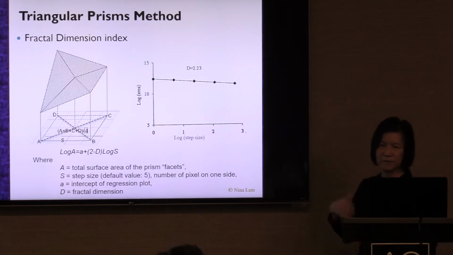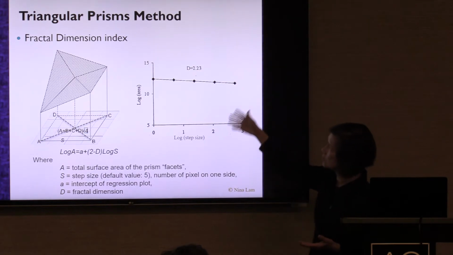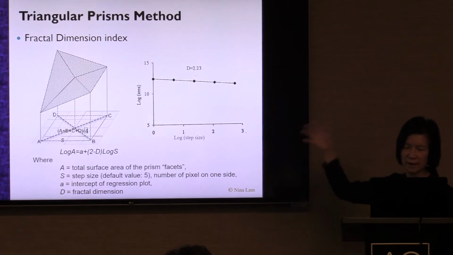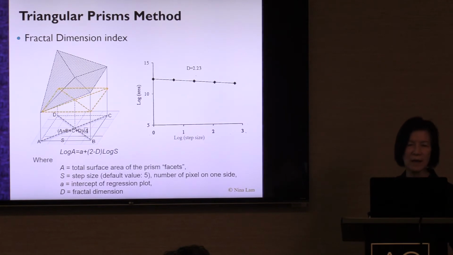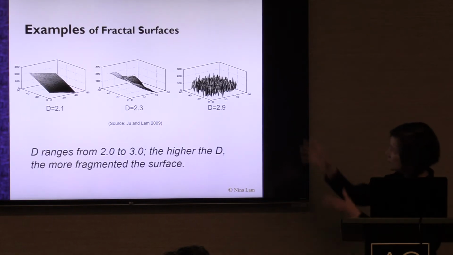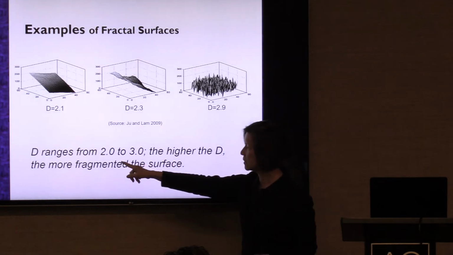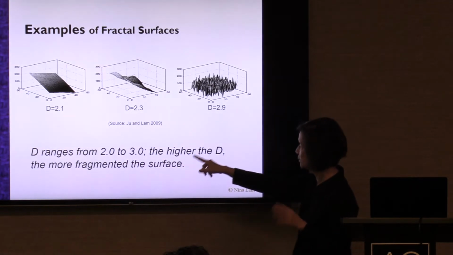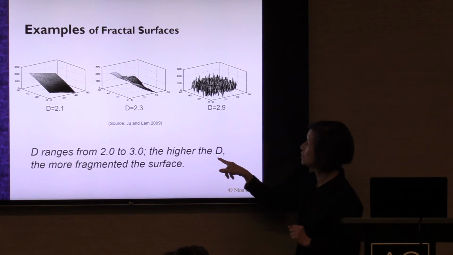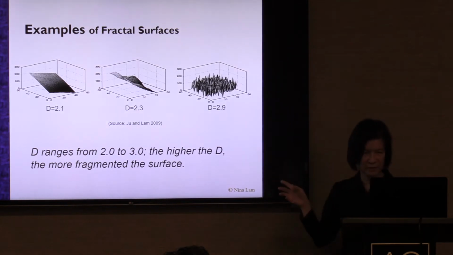So we utilize the triangular prism method within the fractal group of methods, and I'm going to skip the method itself, but I just want to bring up that, for example, in this case, the dimension D ranges from 2.0 to 3.0. The higher the D, the more fragmented the surface.